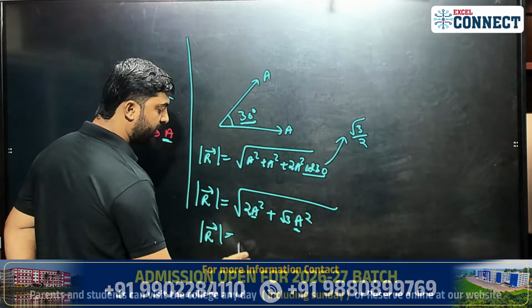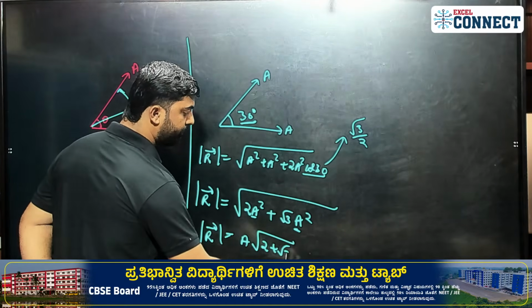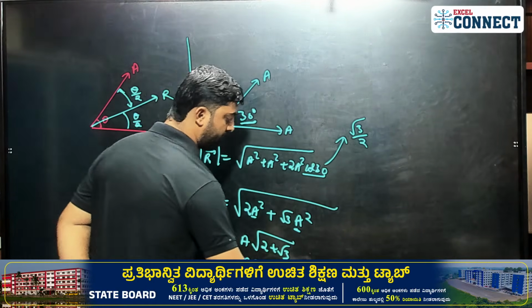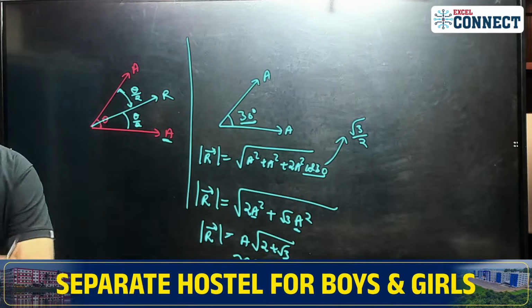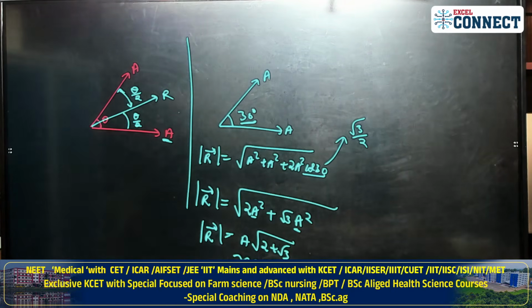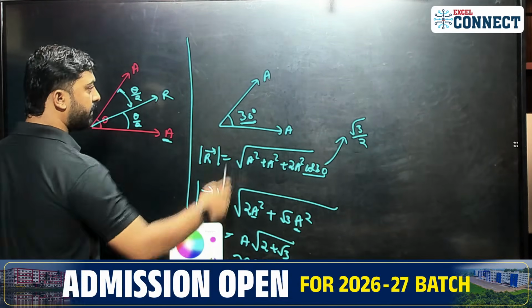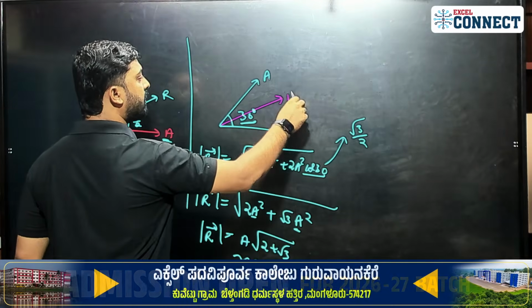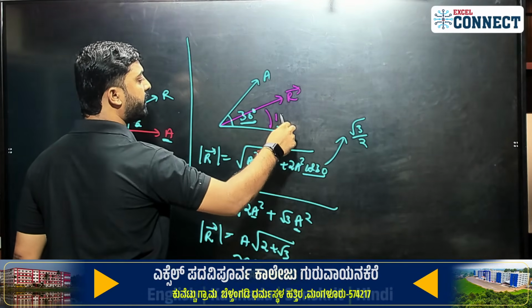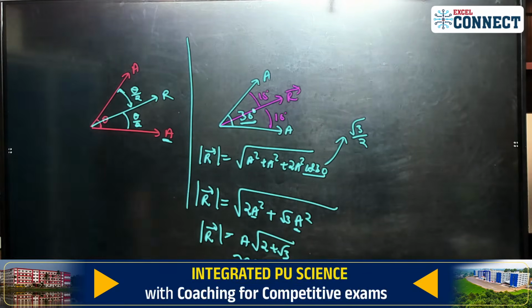You can take it out, then it will be a root of 2 plus root 3. And the resultant vector will make an angle of 15 degrees with both the vectors. Okay.